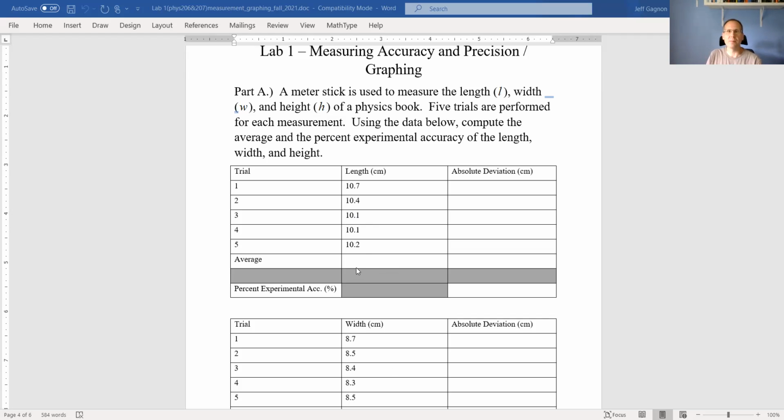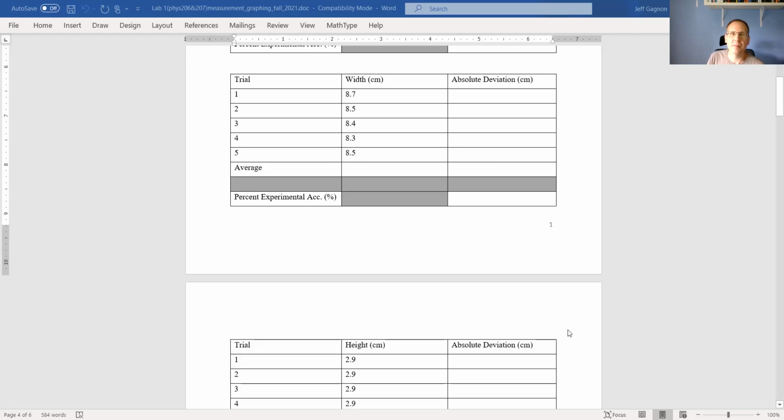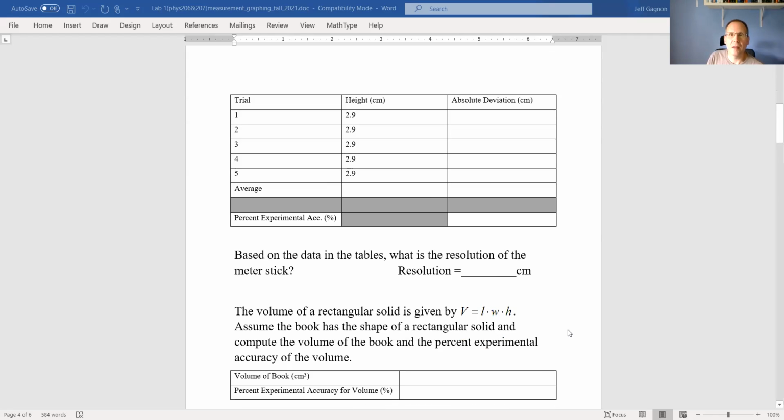That's really important. So go ahead and do those calculations: compute the averages and then the percent experimental accuracies for length, width, and height. Again, if you don't remember how to compute percent experimental accuracy, please refer to the measurement video and the measurement handout.